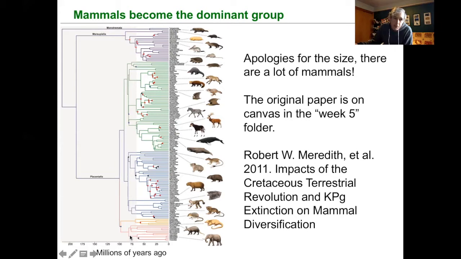So you can see, here's the point where the dinosaurs have gone extinct. Suddenly, these mammals branch off into lots and lots of different forms. And the reason they're branching off like this is they're filling up all those vacancies, all those niches that were left by the dinosaurs going extinct. Mammals rapidly evolved into lots of different things to fill all the gaps.